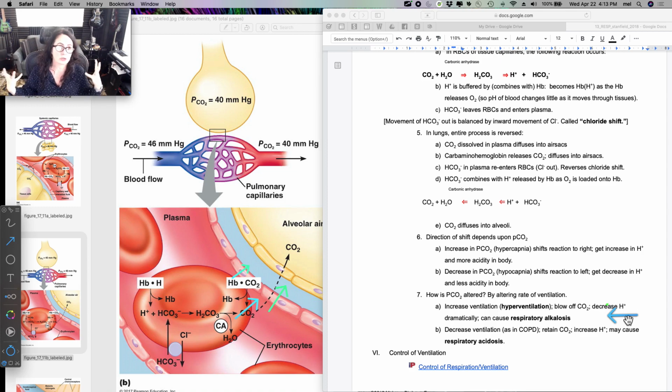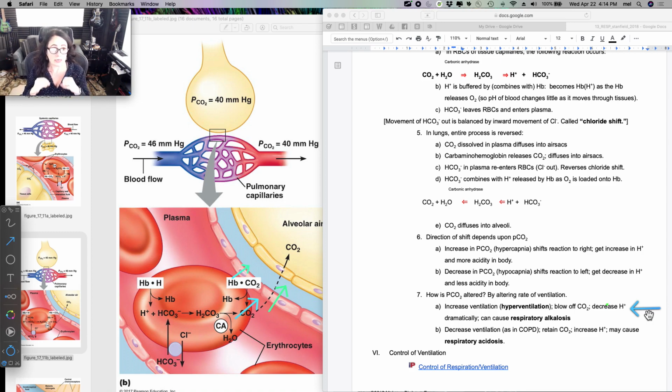If, for instance, you get super stressed out and you hyperventilate for whatever reason, you blow off carbon dioxide. What that will do is decrease the amount of H plus in the body. So you got rid of too much carbon dioxide, and this can cause respiratory alkalosis because you're decreasing carbon dioxide, decreasing H plus, and getting more alkaline.